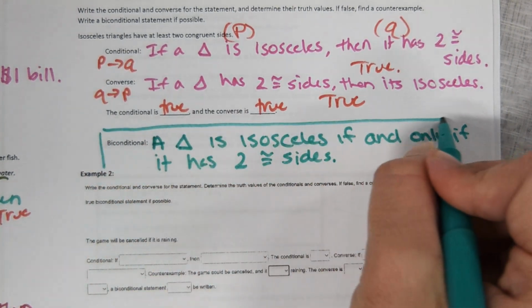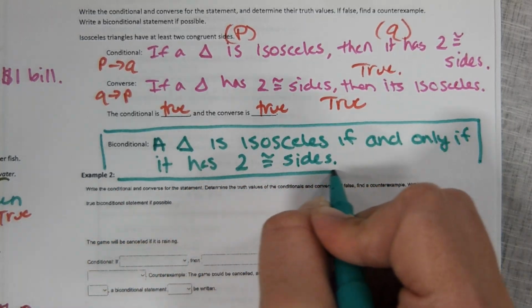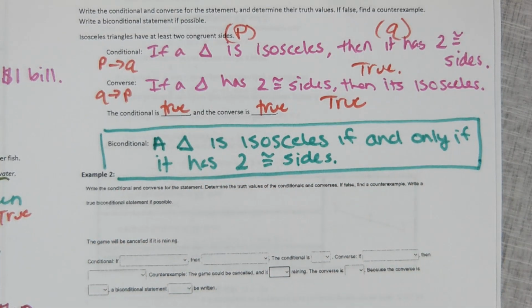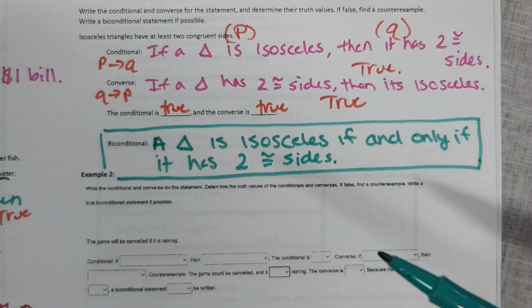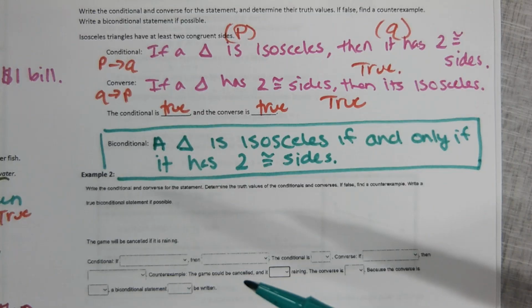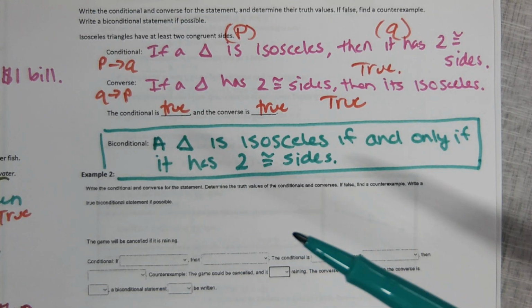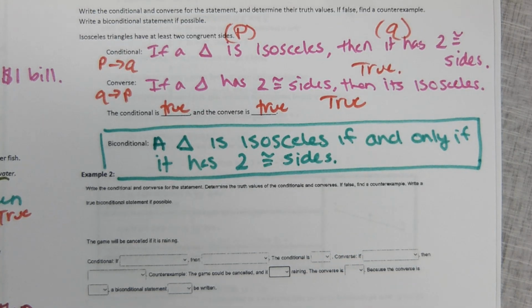And that's what a biconditional looks like. I wanted to have a situation where it didn't work, so that's what the next example is. And then your homework kind of looks like this with the drop downs that you fill in.